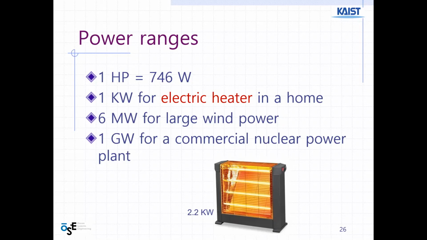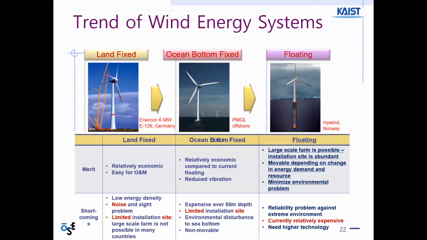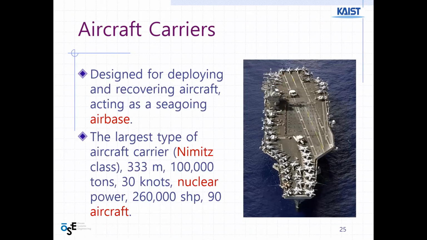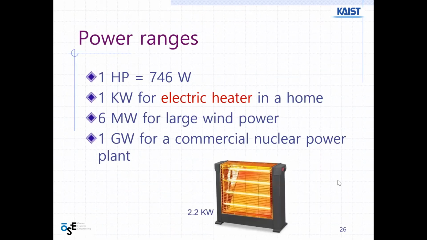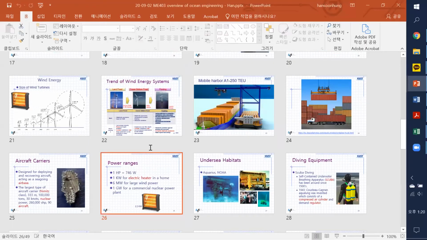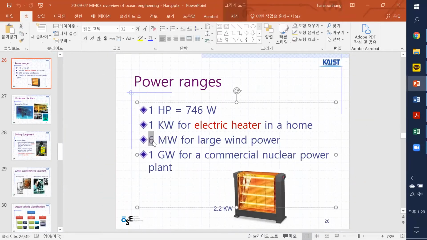And the largest wind power system, as I showed you in this picture, was 10 megawatt, but here it says 6 megawatt. So I should modify this to 10. That's better to understand, right?